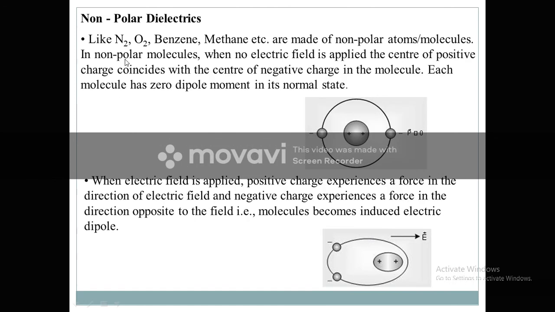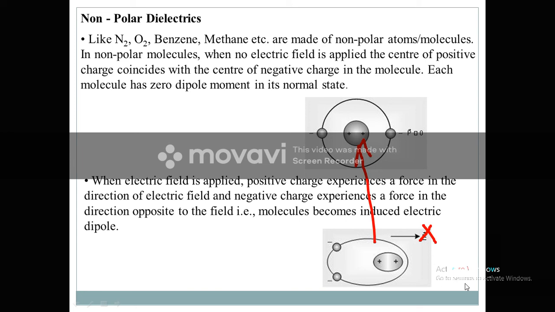And this is the non-polar dielectric, or we can say temporary dipoles. When not placed in the electric field, the structure is just like that, and when placed in an electric field it gets polarized, but it is not a permanent polar position. When the electric field is removed, it again comes back to its original structure.